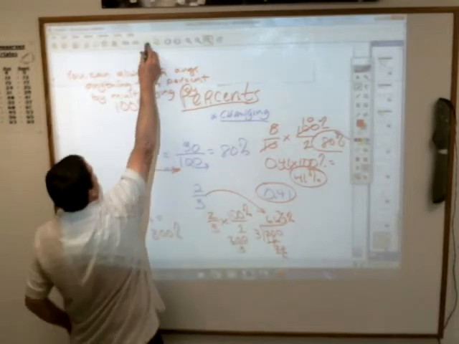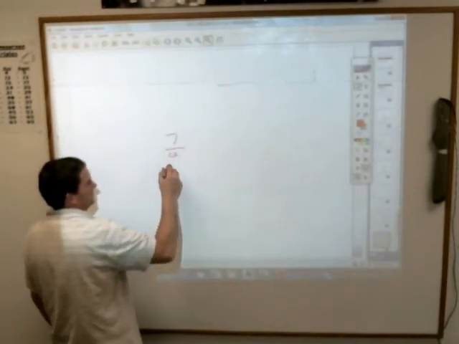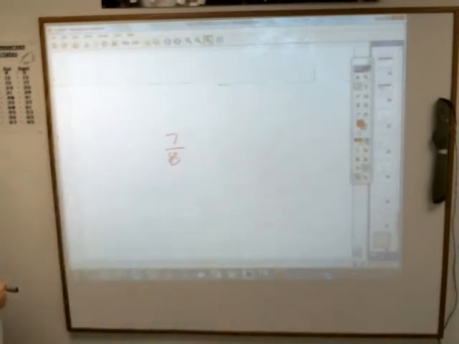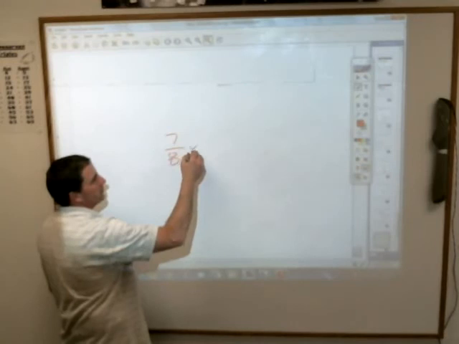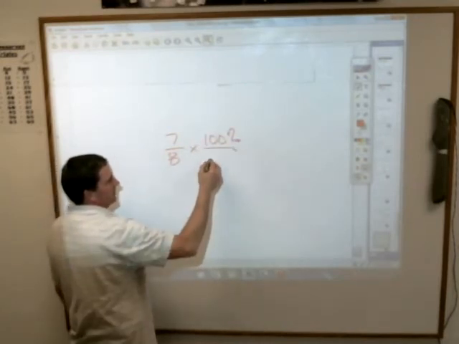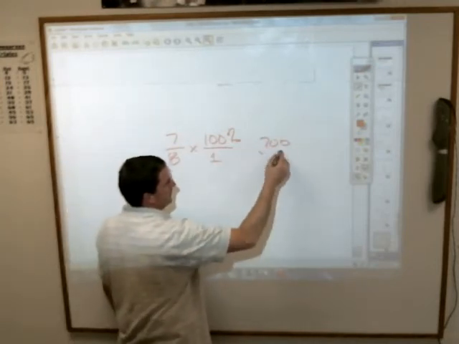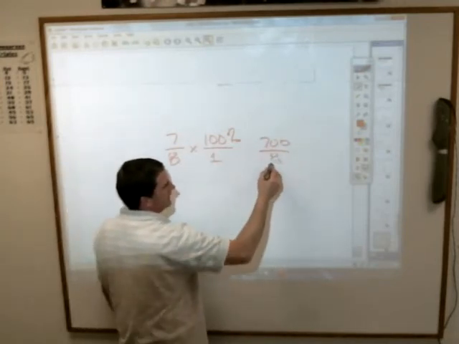Especially when you get to a problem like this. If it was something like 7/8, what is 7/8 as a percent? I don't know, so I'm going to multiply it by 100%, which means I'm actually going to end up taking 7 times 100 and dividing it by 8.